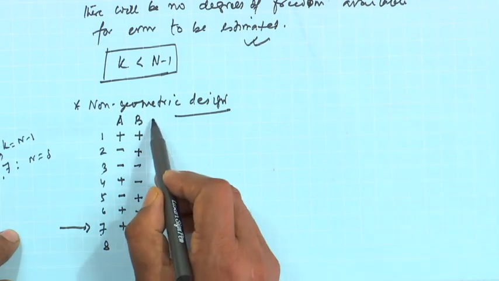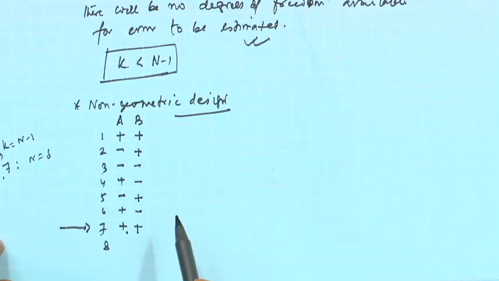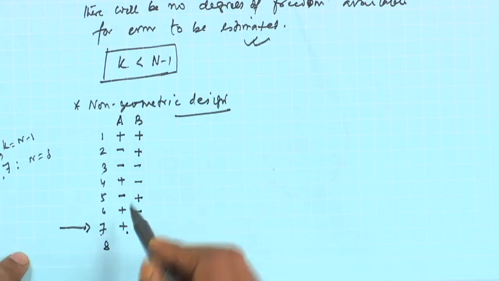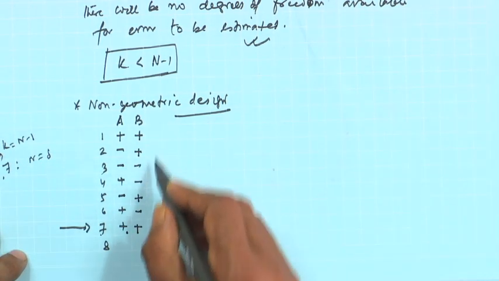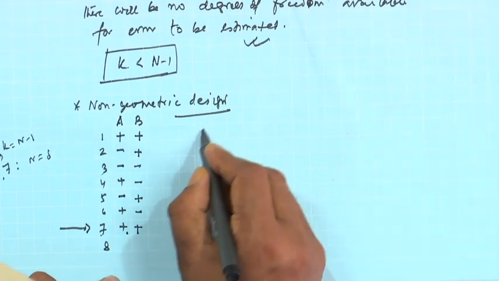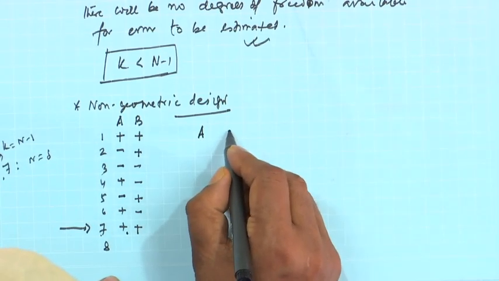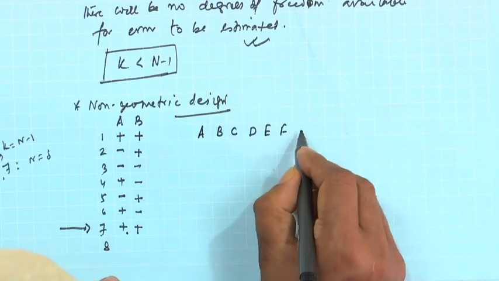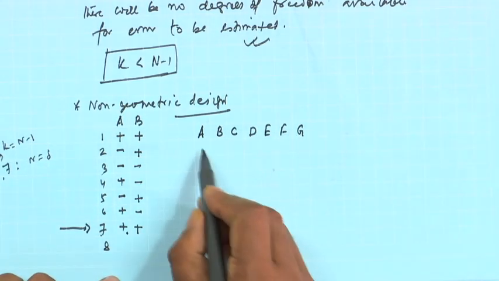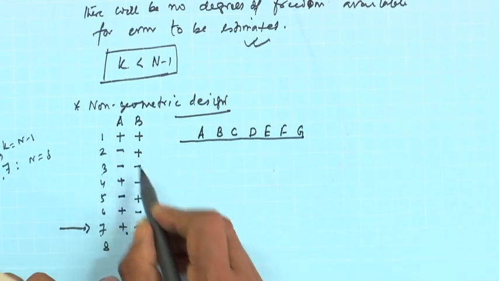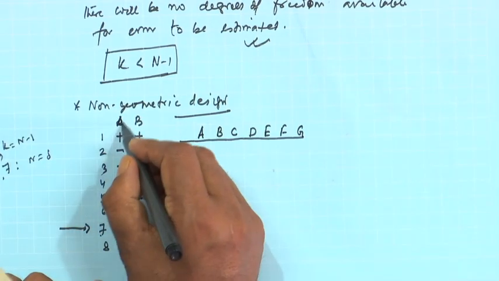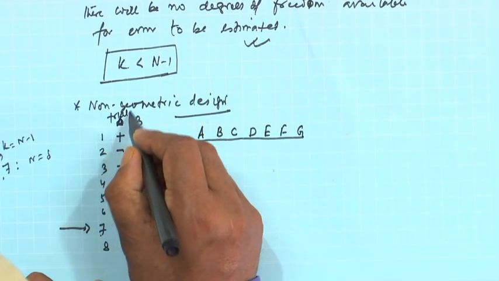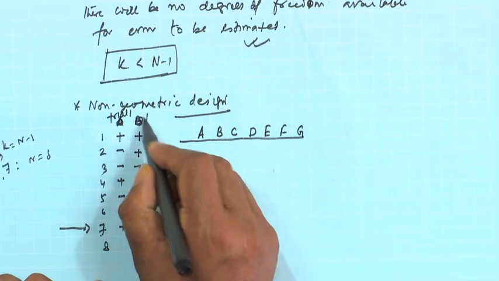Okay. So, what I mean to say here, I think I have given it a little differently. You just write down in this manner. Suppose I have A, B, C, D, E, F, G, 7 factors. This is my trial 1 and this one is trial 2.